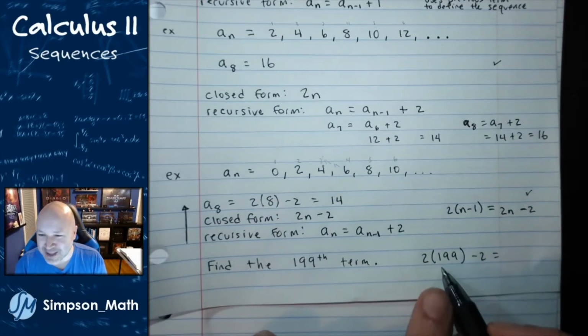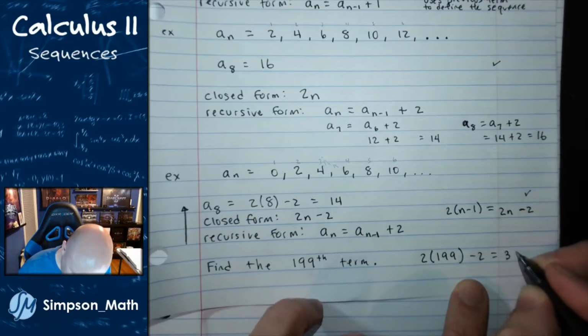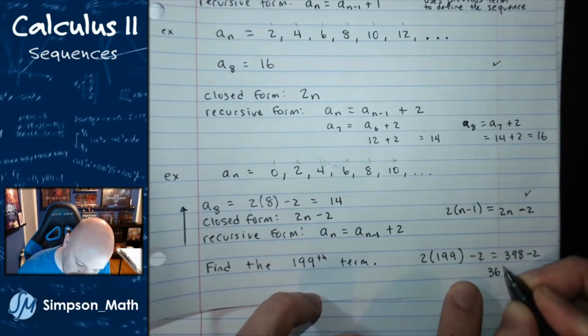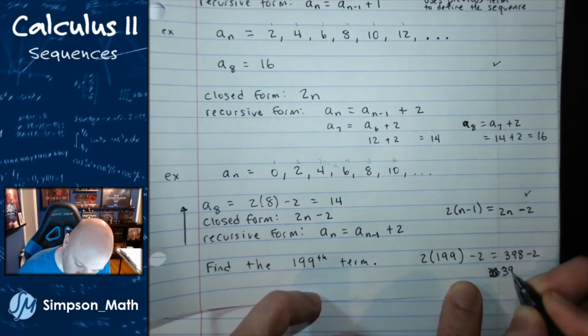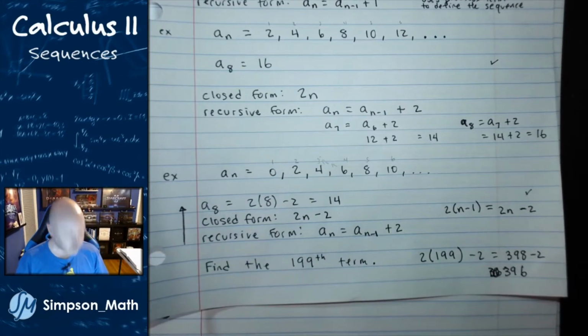I think that's going to be shy of 400. So this is 398 minus 2. I get 396 as the 199th term of this sequence.